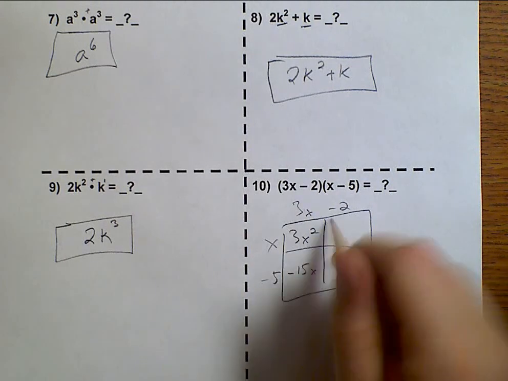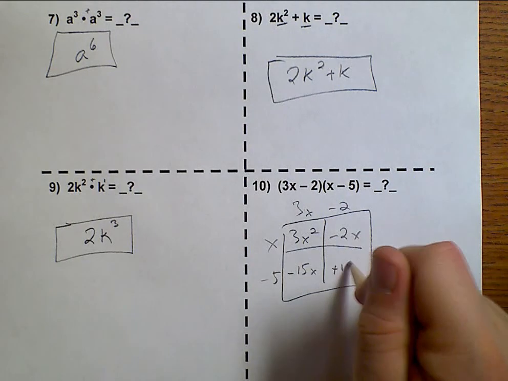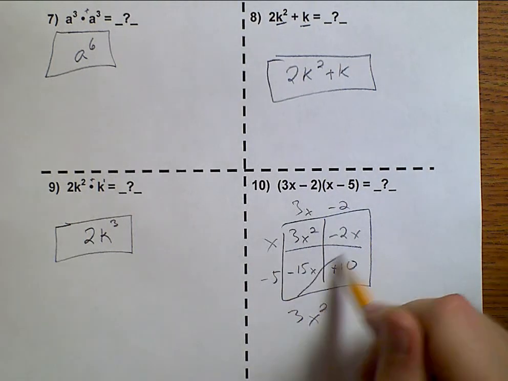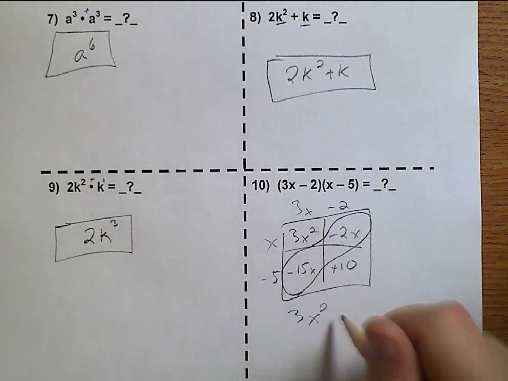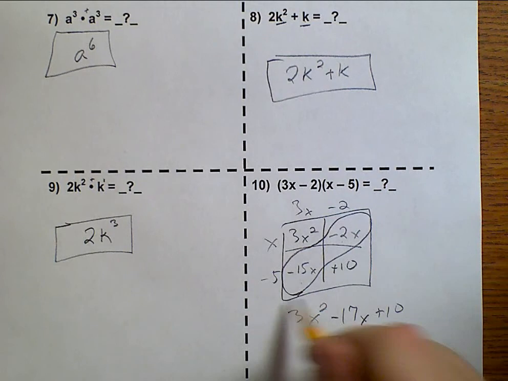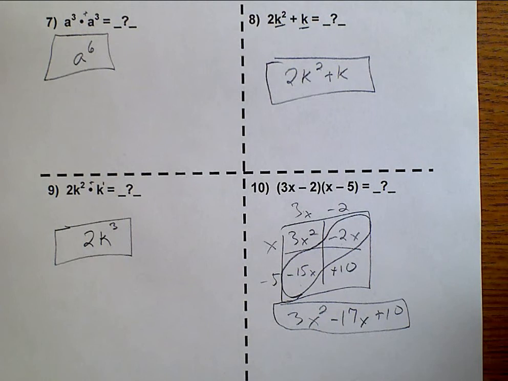X and negative 2, negative 2x. Negative 5, negative 2 make a positive 10. So we get 3x squared, 15 plus 2, so negative 17x, plus 10. Just a simple box method.